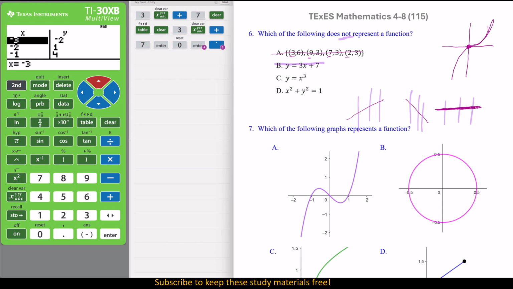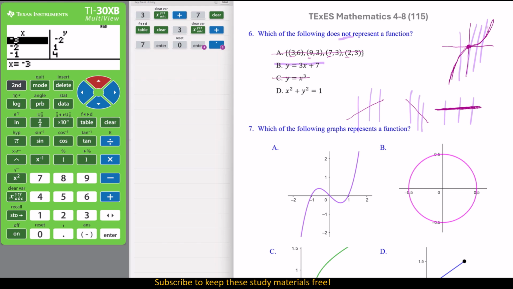So at no point is it undefined. It's going to be a nice, smooth decreasing, increasing, and the vertical line test will be passed. If you try the test, you're only going to hit that line once. So that is a function.